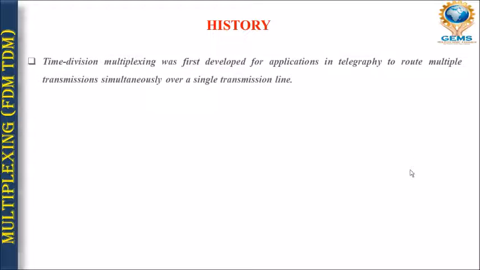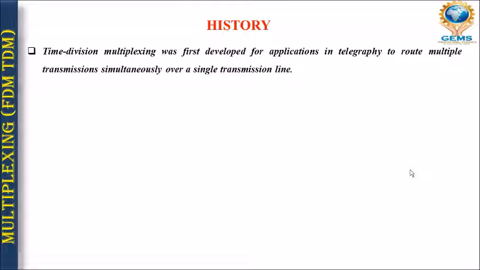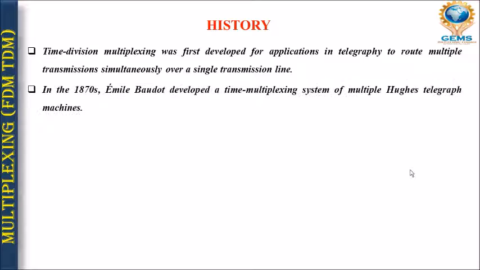So let's talk about some historical aspects of TDM. Basically, this was used for telegraphy to route multiple transmissions simultaneously over a single transmission line, right? Next, in 1870, Baudot developed the first TDM system, which had multiple Hughes telegraph machines, right?